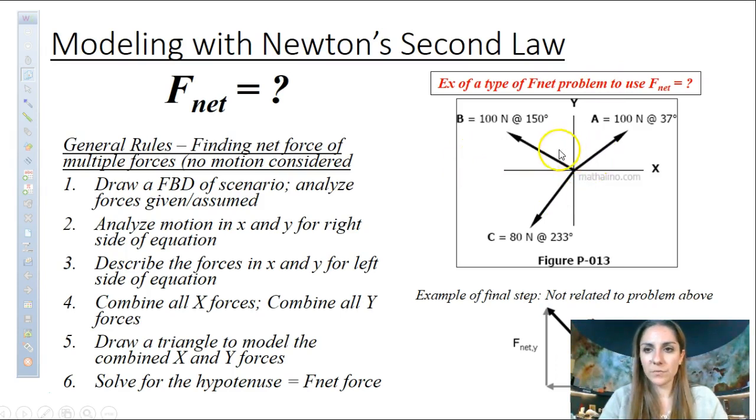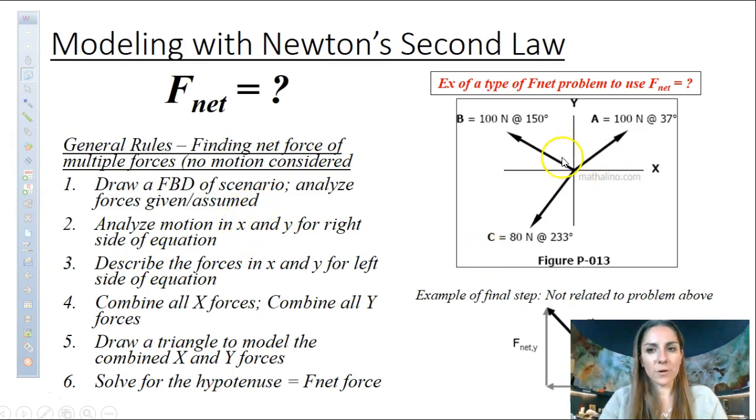You can see forces A, B, and C here, and notice that there are all sorts of different magnitudes and different directions. The question is, what is the net force? What this is really asking is, if I can lump these into one force, how would it act? That's the net force.